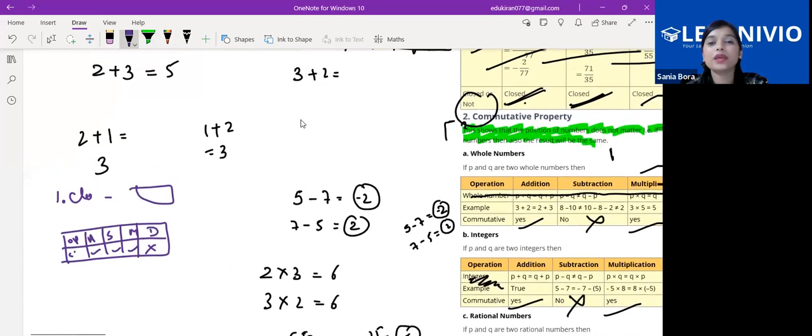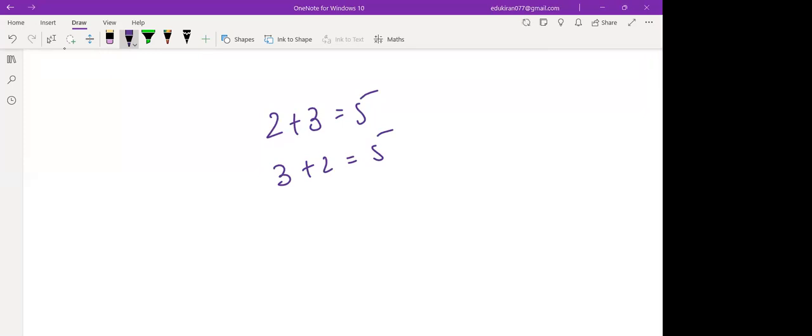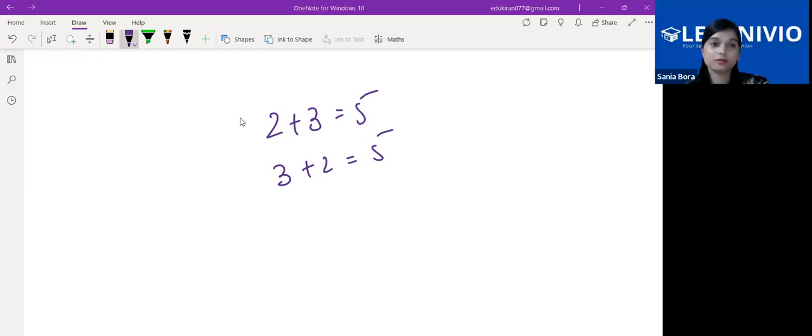For example, 2 plus 3 gives 5, and 3 plus 2 also gives 5. That means the position of the number doesn't matter.